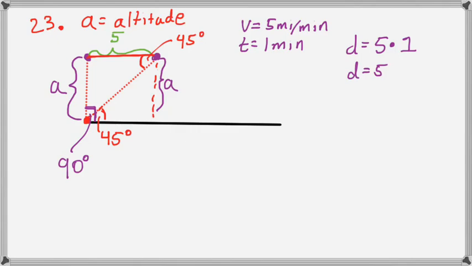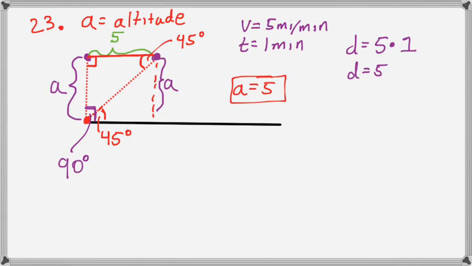But if that's a 45-degree angle, and this forms a right angle here, then I have a 45, 45, 90 triangle, and therefore I can solve for A. A will equal 5. So we had to do a lot of diagramming to get to this point. So that's my suggestion to you: make sure that you diagram the problem first and then start looking for the things that you need to find.